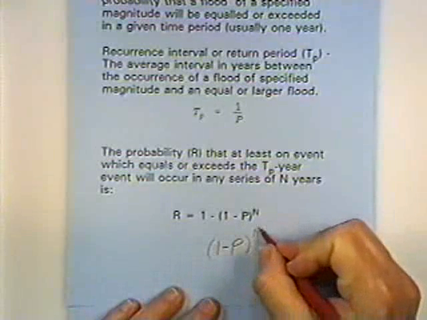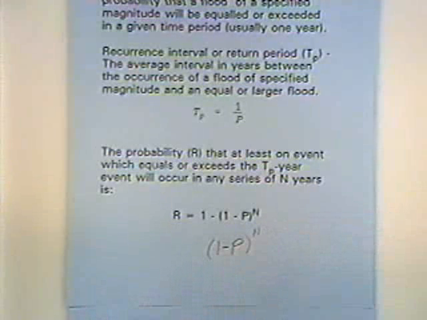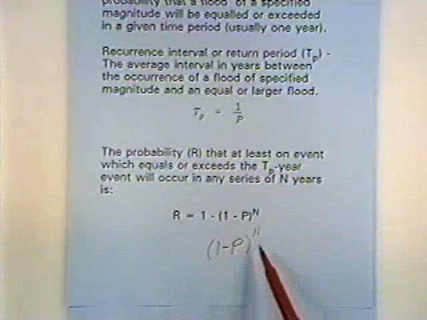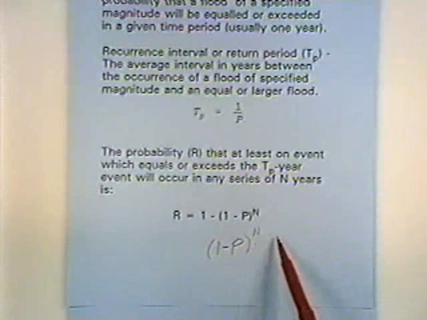If you assume the event is statistically independent, like flooding, we assume the occurrence of a flood in any given year doesn't affect the probability of the flood occurring the next year. Then (1 minus P)^n is the probability that that flood will not occur in any series of n years.